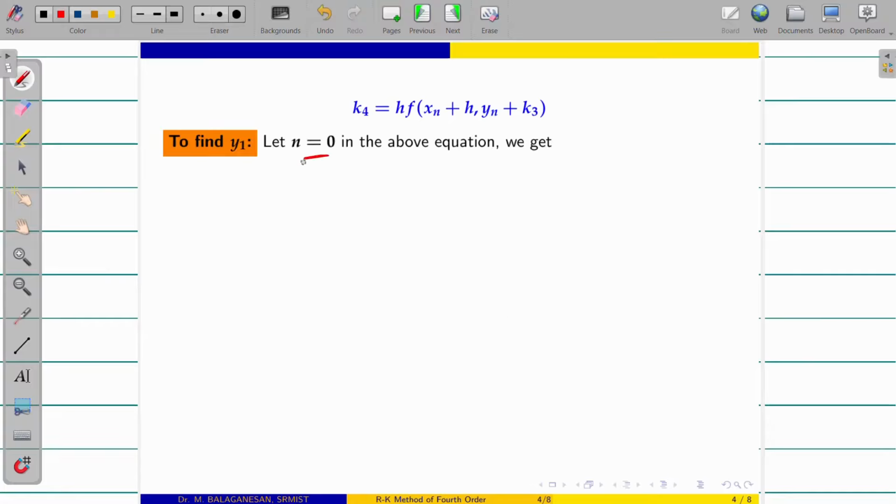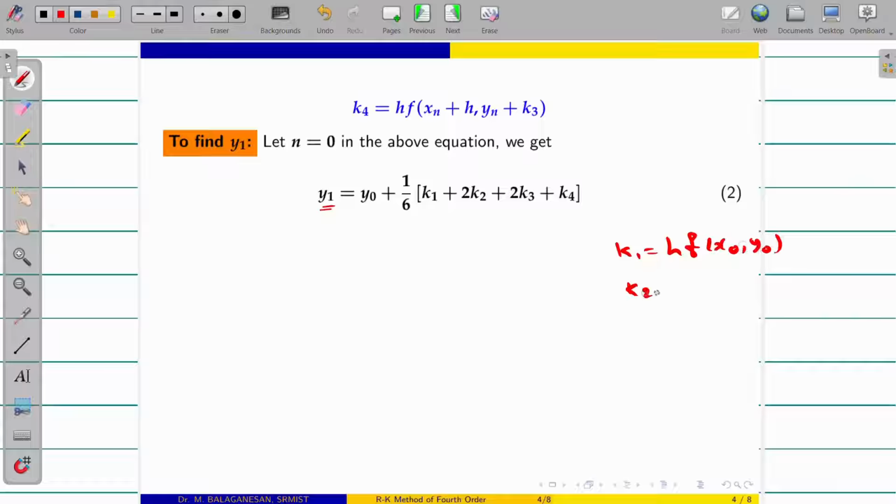Right, give n equal to 0 in the above equation. We will get this. Left hand side y1 becomes y0 in all the k places. k1 is h into f of x0 comma y0. Then k2 is h into f of (x0 plus h by 2, comma y0 plus k1 by 2).